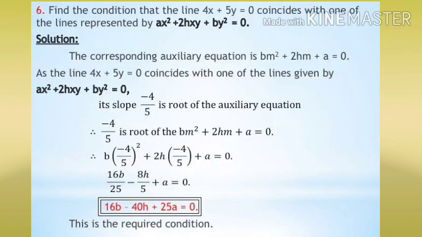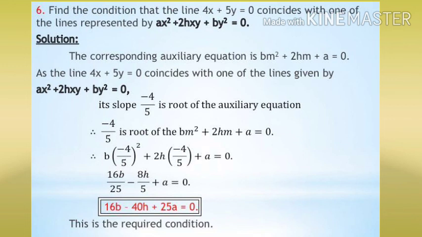Now moving to the next example, find the condition that the line 4x + 5y = 0 coincides with one of the lines represented by ax² + 2hxy + by² = 0. So already we know the corresponding auxiliary equation is bm² + 2hm + a = 0. As the line 4x + 5y = 0 coincides with one of the lines given by ax² + 2hxy + by² = 0, its slope −4/5 will be a root of the auxiliary equation.